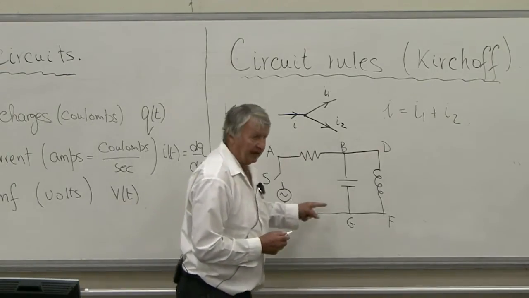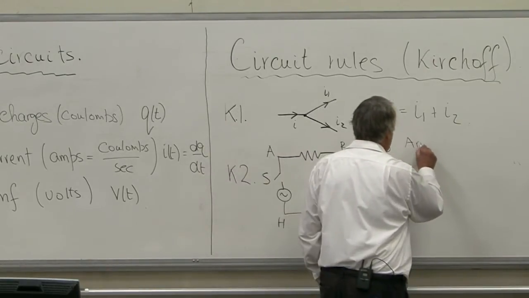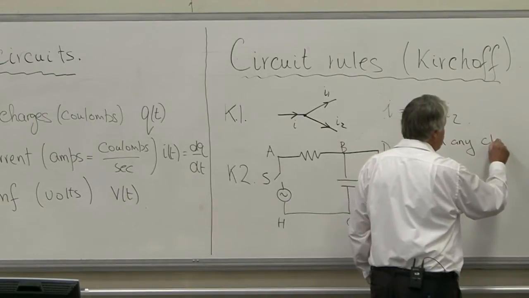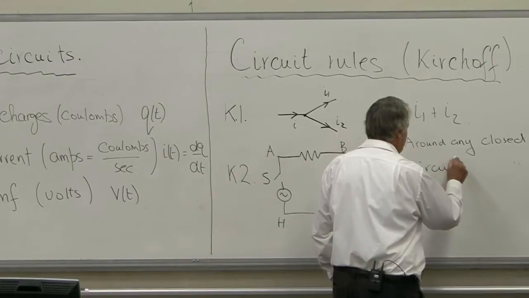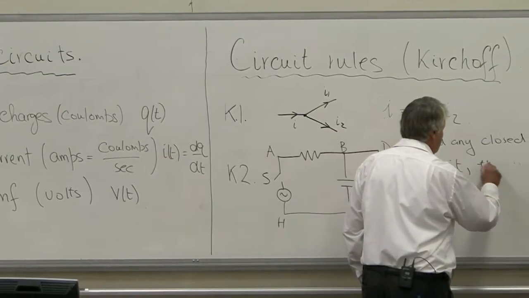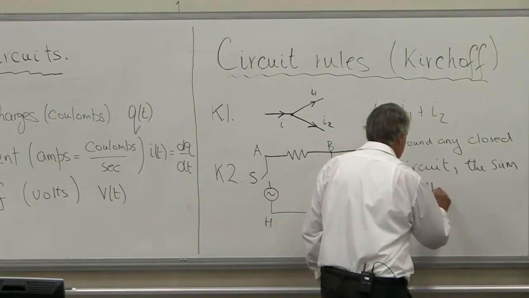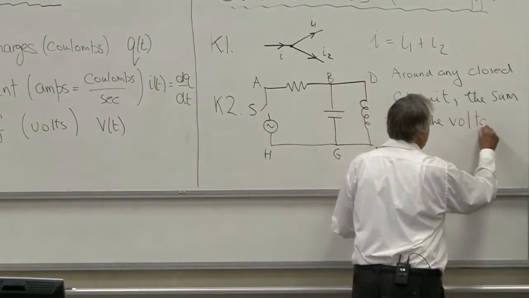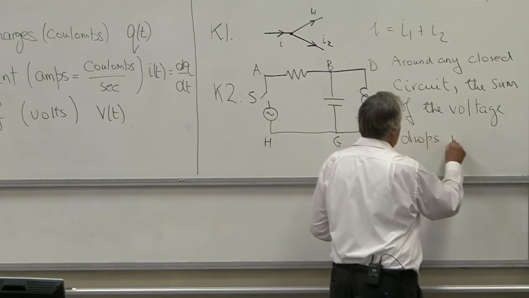The rule says around any closed circuit, the sum of the voltage drops is zero.